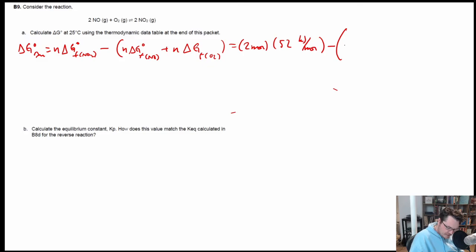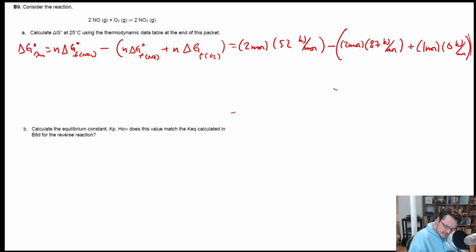And so now for NO, we have 2 moles of that as well, times the value of delta G, which is 87 kilojoules per mole, plus 1 mole of O2. And without even looking, I already know it's going to be equal to 0 because it's the elemental form, right? So it's 0 kilojoules per mole.